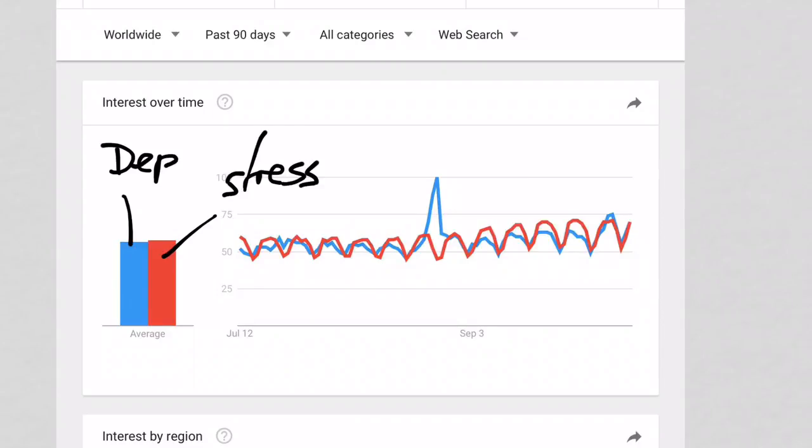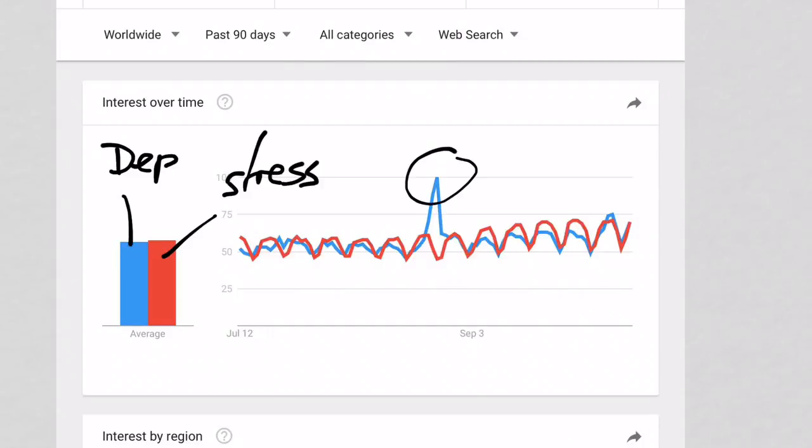It's a positive correlation between the two because the two lines do exactly the same thing. It's amazing. And again, you see, 26th of August, there's an interesting thing. People were not stressed, but they were depressed. But that's the only outlier in a way.